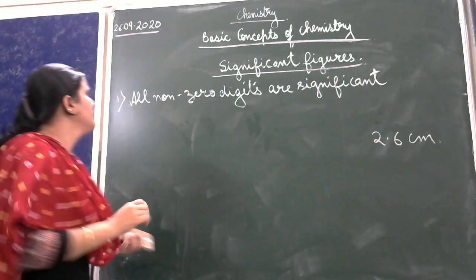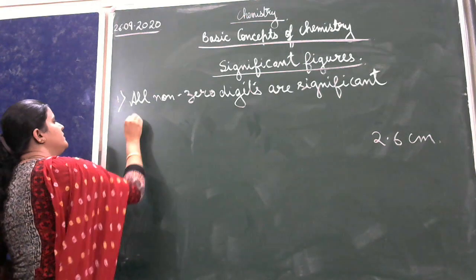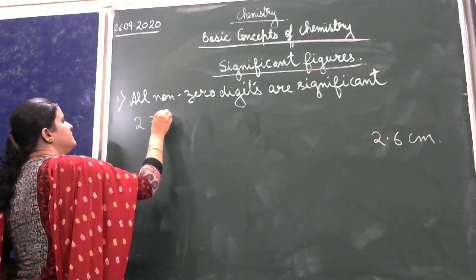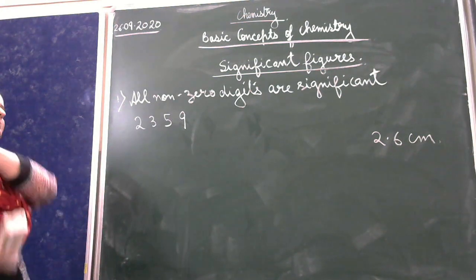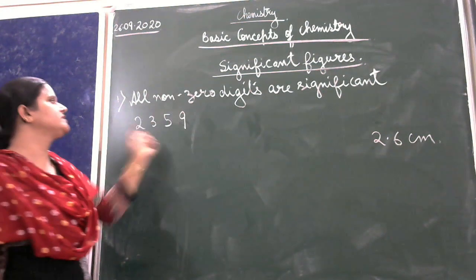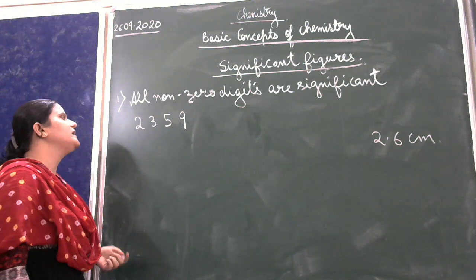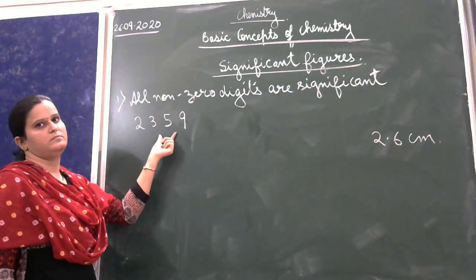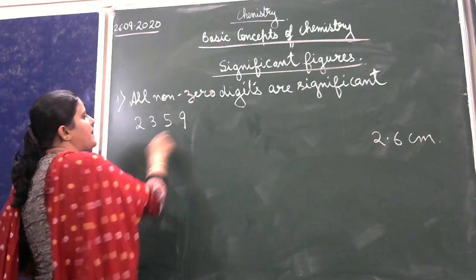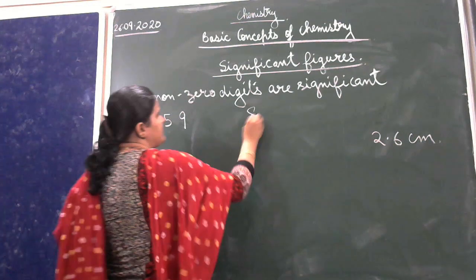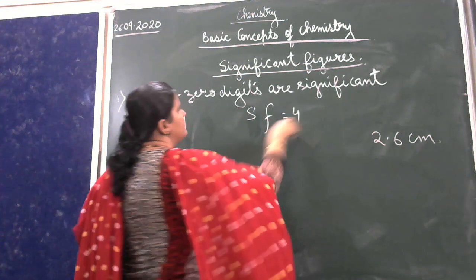So, let me take an example. 2, 3, 5, 9. I have taken this number. All non-zero digits are significant. Here, how many zeros are there? There is none. All are non-zero digits. So how many digits am I getting? 4. So my significant figures are 4.